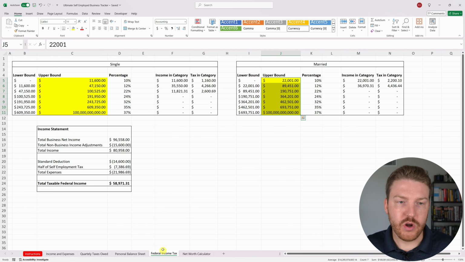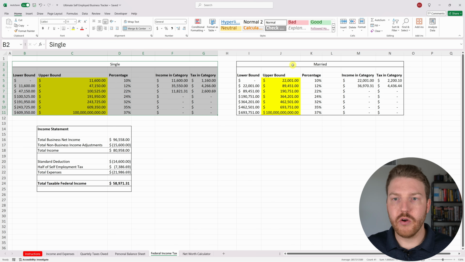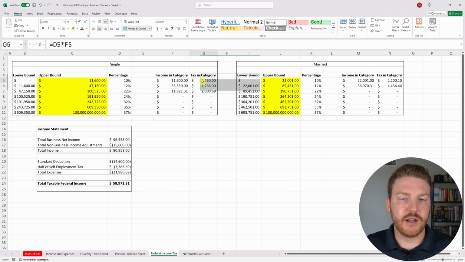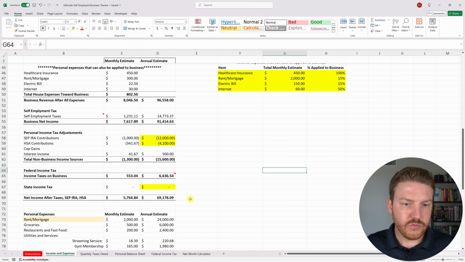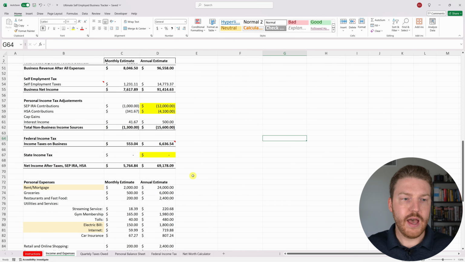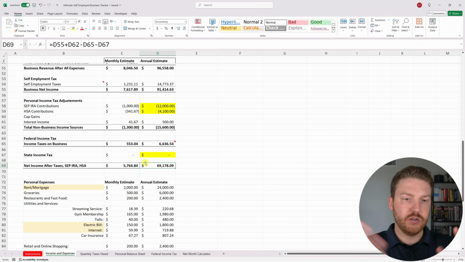So I've got a sheet over here for that. For that, we'll use single or married and all the different tax brackets and figuring out how much you're going to pay in total. And then after we have all that, we're going to basically find, hey, what's our monthly net income and our annual net income after we've paid all our taxes.